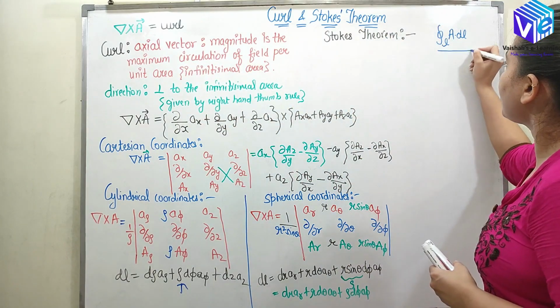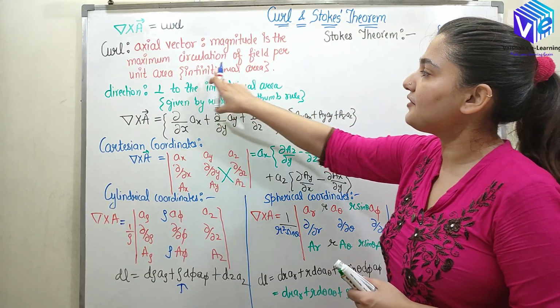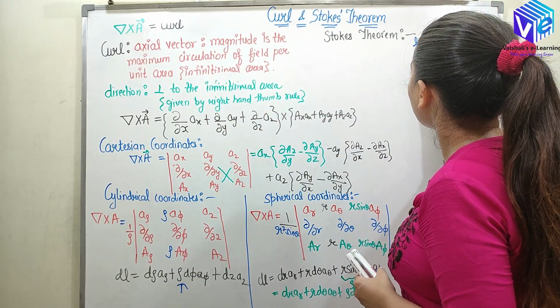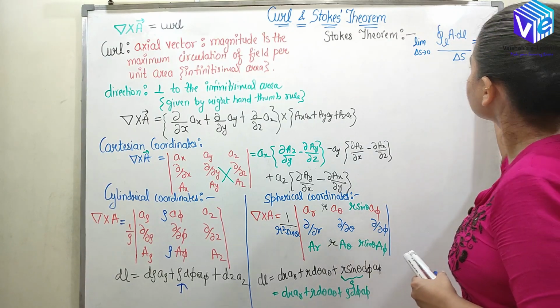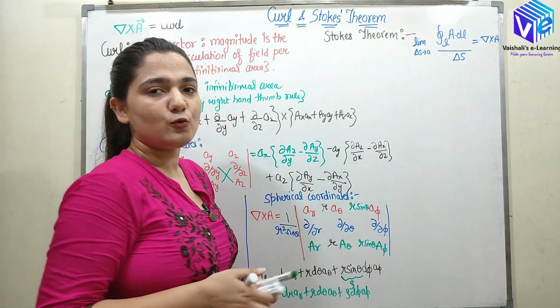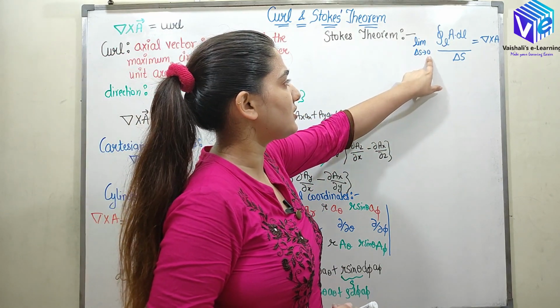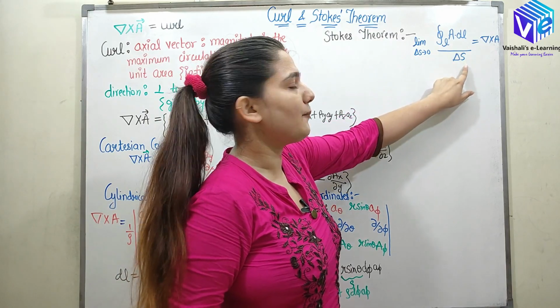So here I'll be dividing it by del S, where we have the infinitesimal area. So here we have limit del S tending to 0, and it is equal to del cross A. So now this equation gives me the equation of curl: limit delta S tending to 0, the integration over the closed path A dot dl upon del S.